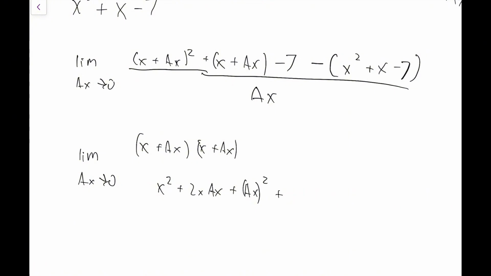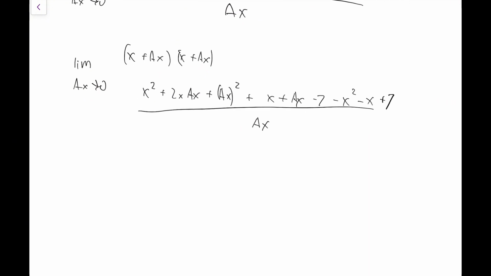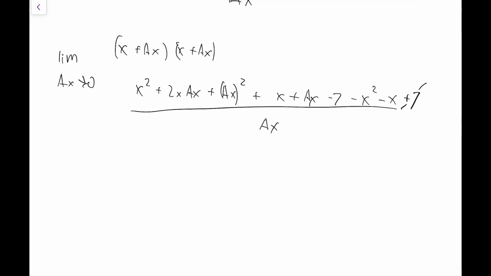Then after that, we have plus delta x minus 7 minus x squared minus x plus 7, all over delta x. So as you can see, there's a lot of terms, but do not be frightened by that. Most of you should be able to cancel out. If they don't, then you might have done something wrong. So the 7's cancel, the x squares cancel, x cancels, and that should be it.